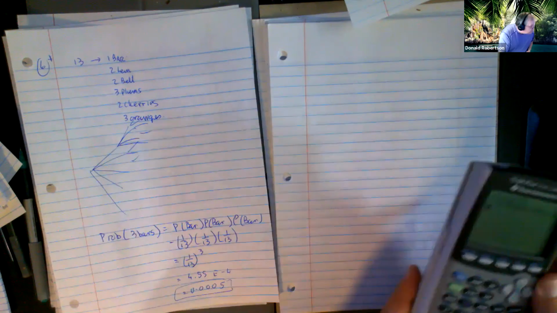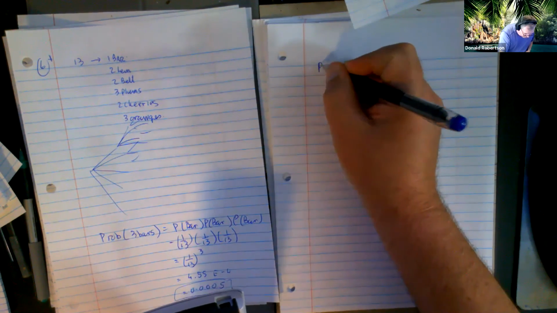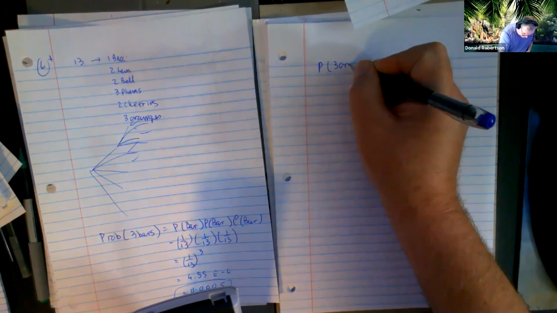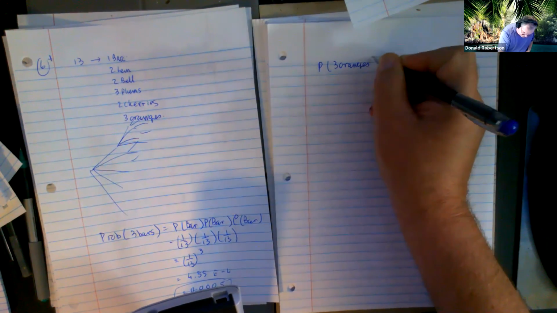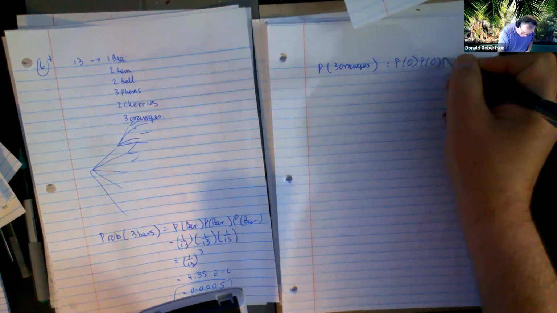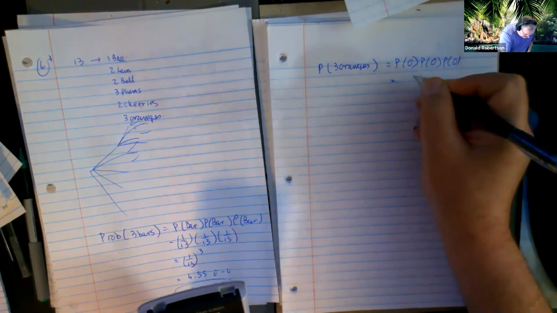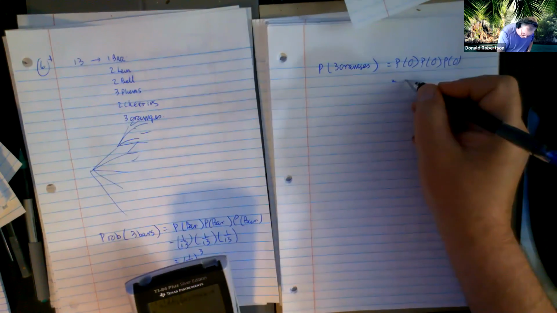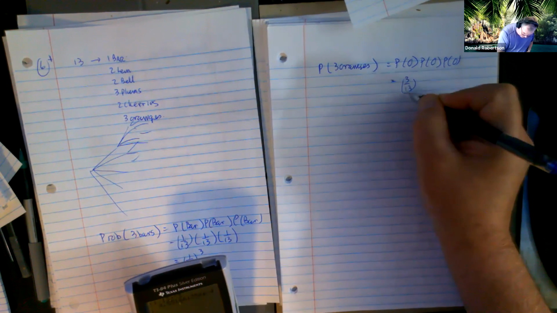Let's do the probability that you get 3 oranges. 1 orange, 2 oranges, 3 oranges. 3 out of 13 in each case.